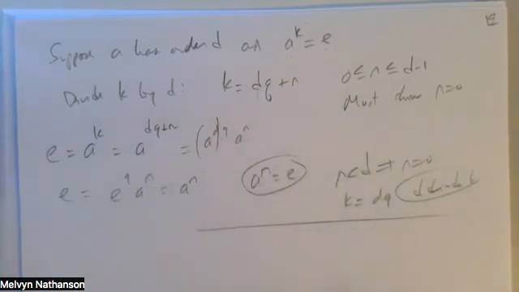That's what we wanted to prove. So if an element in a group has finite order d, then an integer k satisfies a to the k equals the identity if and only if that number k is divisible by d.